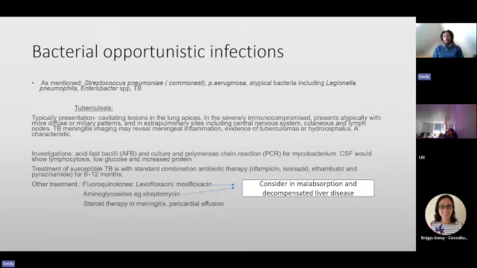So with TB, we have the Mycobacterium species, and patients come in with either TB lung, TB brain, or basically disseminated TB, like one that we have recently come across.